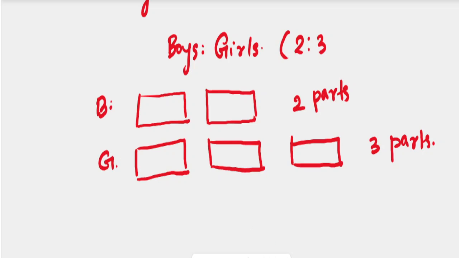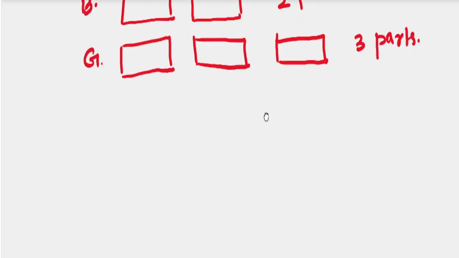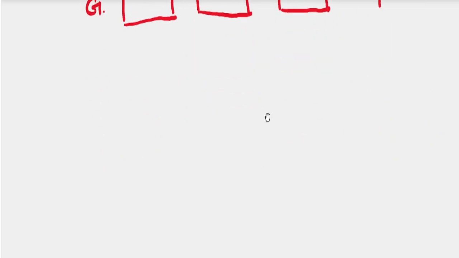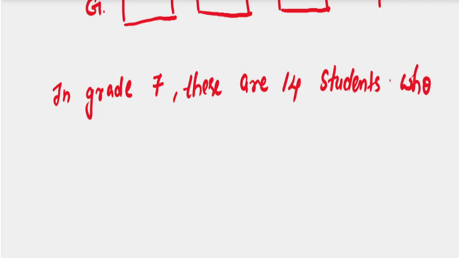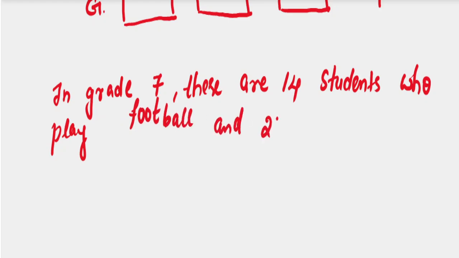Now we'll do some problems. In grade 7, there are 14 students who play football and 21 who don't.